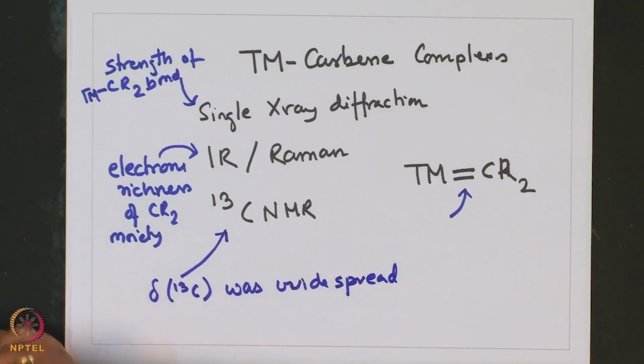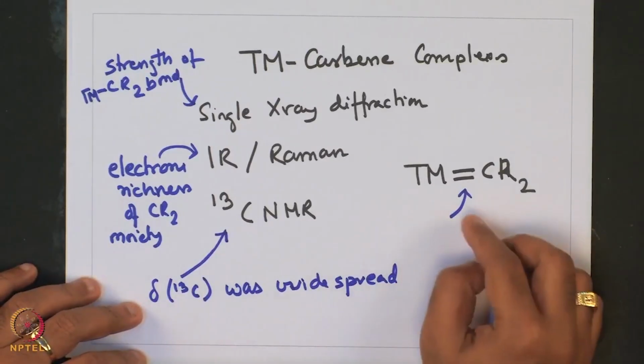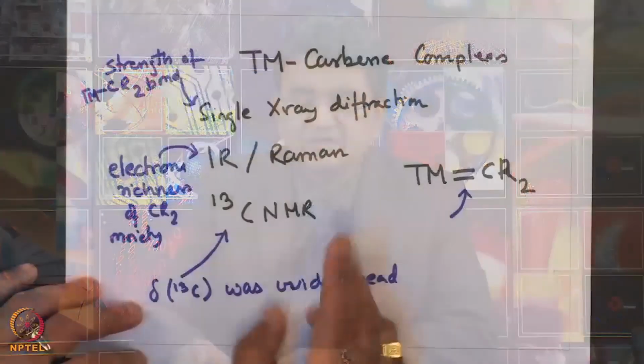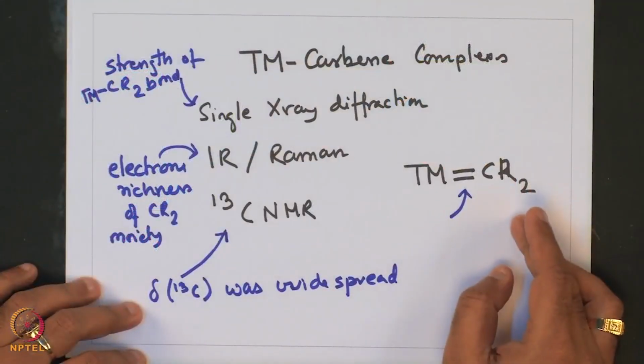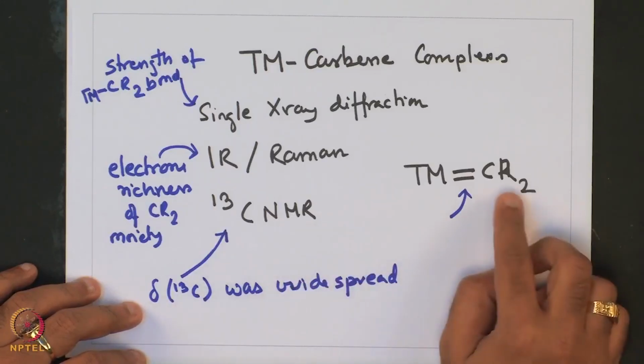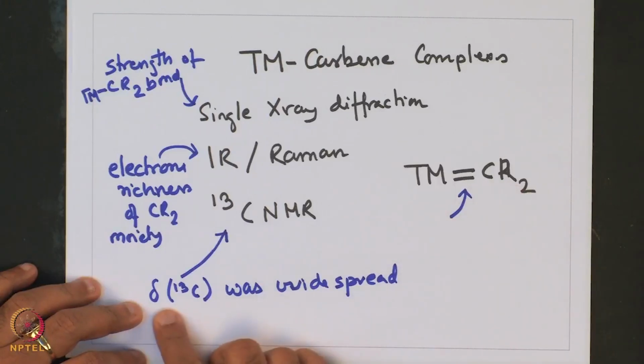That did not provide any indication as to the reactivity of the type of carbenes that were studied. So, of these three, even though carbon-13 NMR could characterize these moieties, it did not provide any insight into what kind of reactivity these carbene moieties would exhibit depending on the chemical shift.